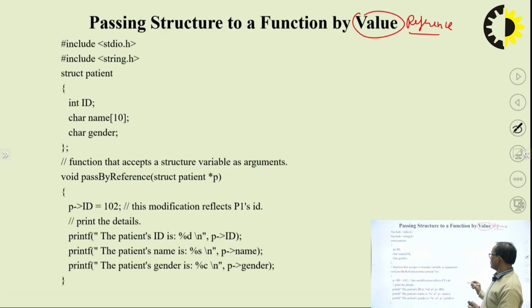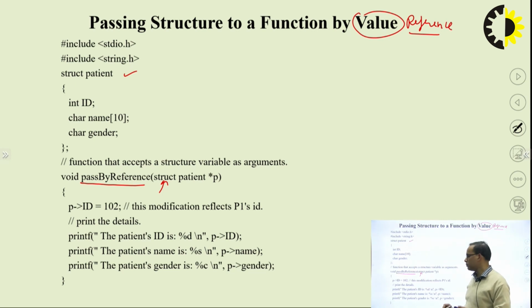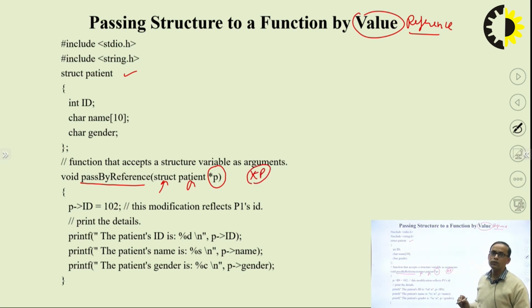So here this is the structure patient. These are the structure members ID, name and gender, and this is our function name, pass by reference. Here we first use the struct keyword, then the structure name, and then asterisk p. Asterisk p means we are passing the structure variable with the help of a pointer.